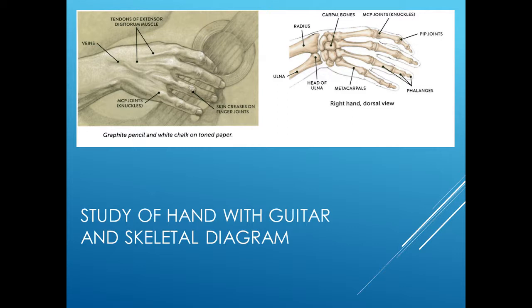The PIP stands for proximal interphalangeal joint. I think that's what the PIP stands for. And then the MCP is the metacarpophalangeal joint there. So it's just easier to say MCP, and it's easier to say PIP or PIP joint.